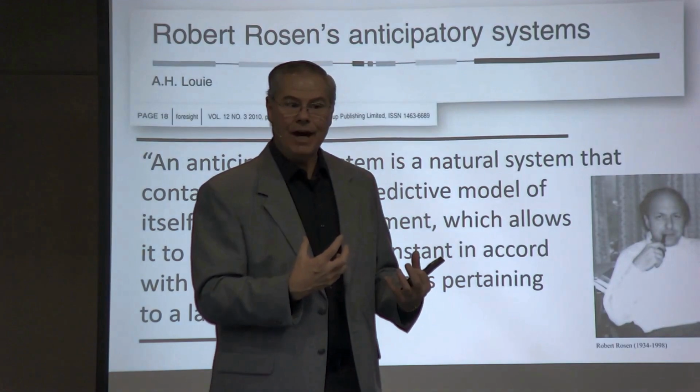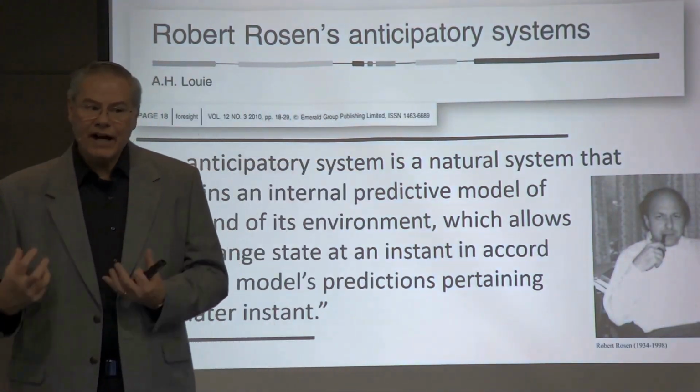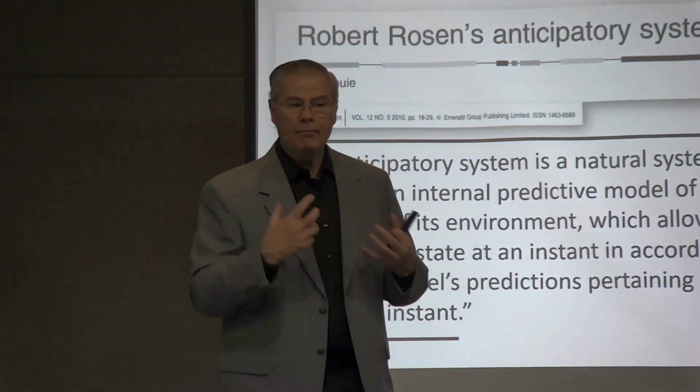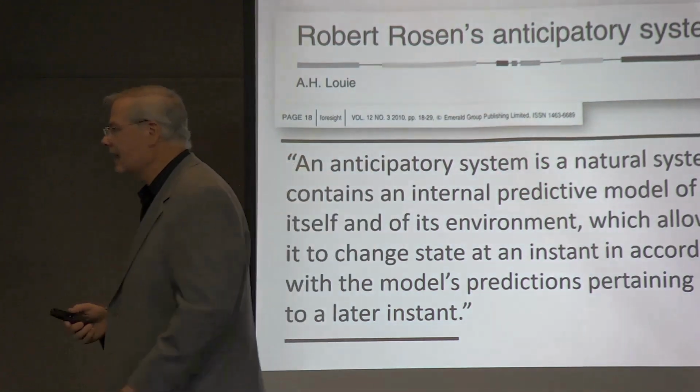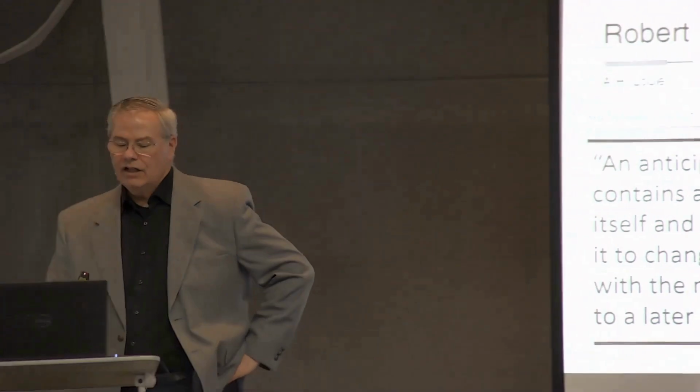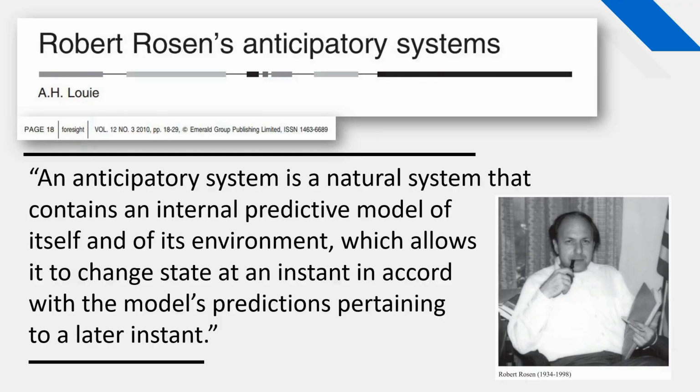Itself and model what? Its environment. It's modeling them both, and it's where? Inside. Which allows it to change state in what? An instant, in accord with the model's predictions pertaining to a later instant. So it's making a model which is predicting what's going to happen in the future, but it's changing itself now.